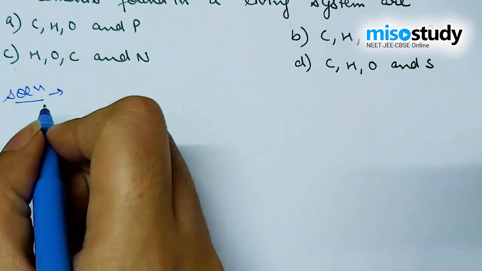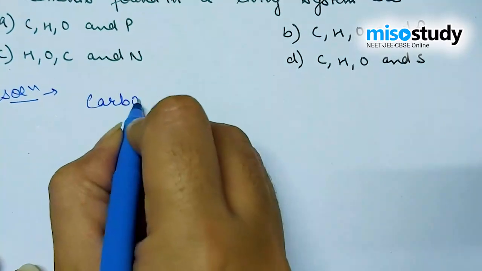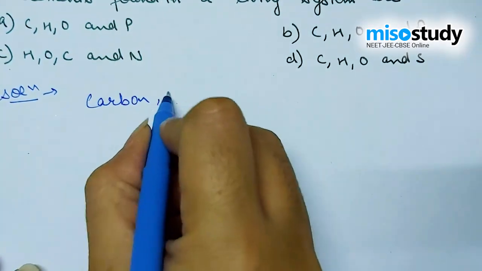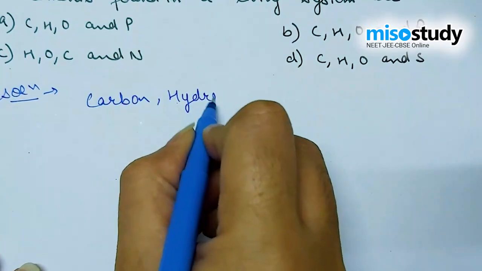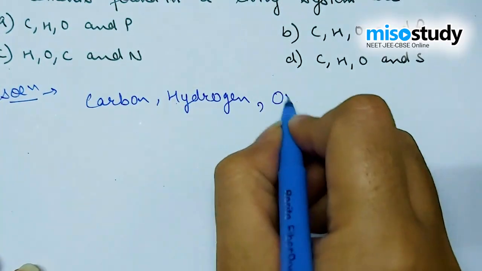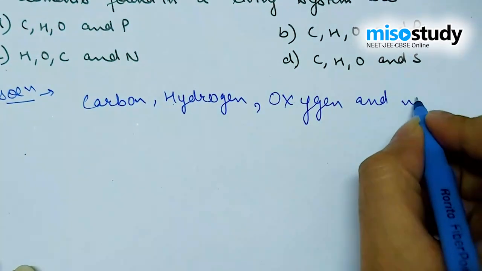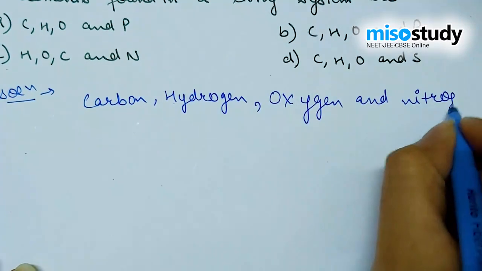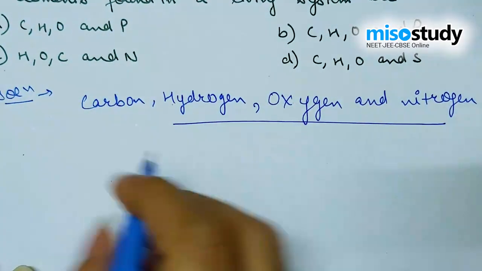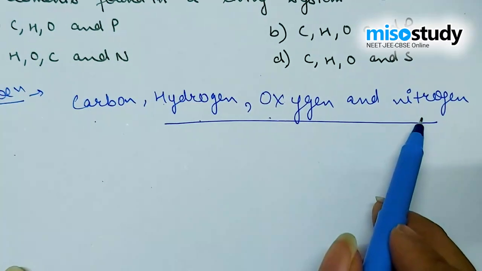As we all know, there are four main elements for the composition of life: carbon, hydrogen, oxygen and nitrogen.